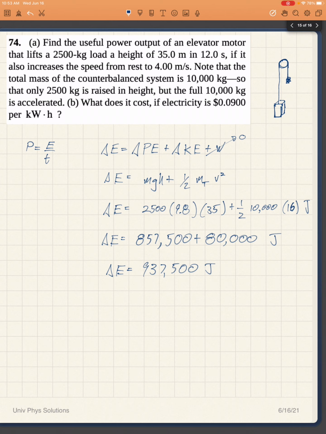Now this happens over a time of 12 seconds. So then delta E over delta t, which is going to be equal to my average power, will be equal to this number, which is joules per second, which will give me watts.